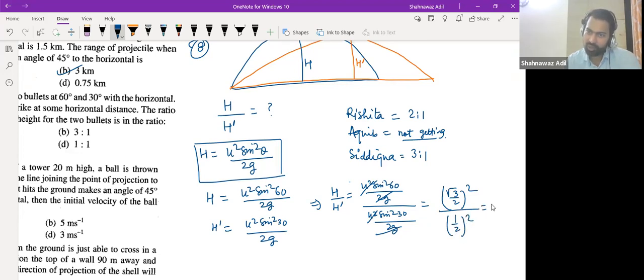So this would be 3 by 4 divided by 1 by 4. The 4 cancels and you get 3 by 1, which is 3. Yes, understood everyone? Good, Siddhika, and good Rishita. What was the mistake, Rishita?